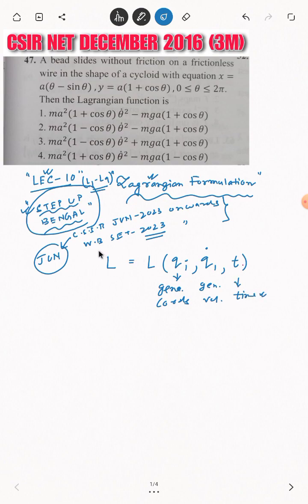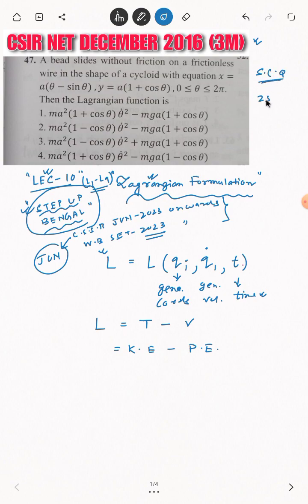So in the exam we often see questions asked to form just L, that is T minus V. What was T? T was kinetic energy and V was potential energy. Now, as we can see in the previous problem of CSIR December 2016, a 3-mark single choice question.